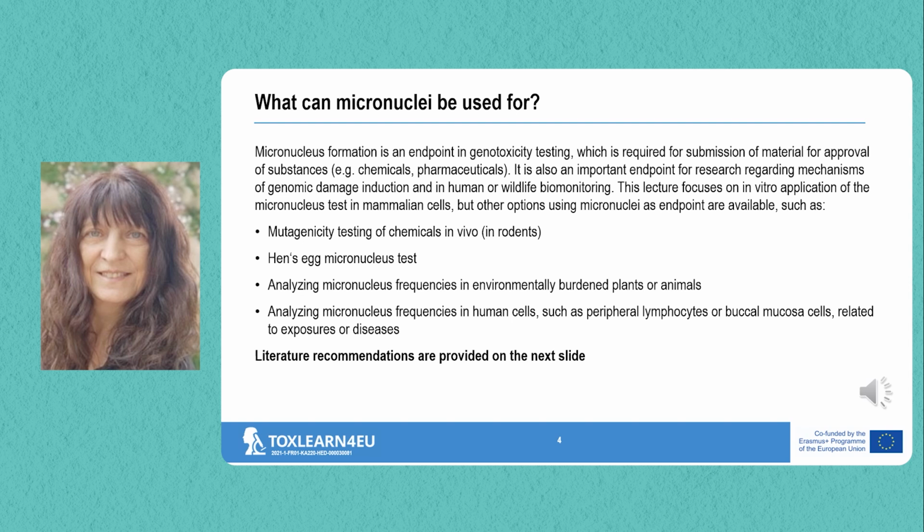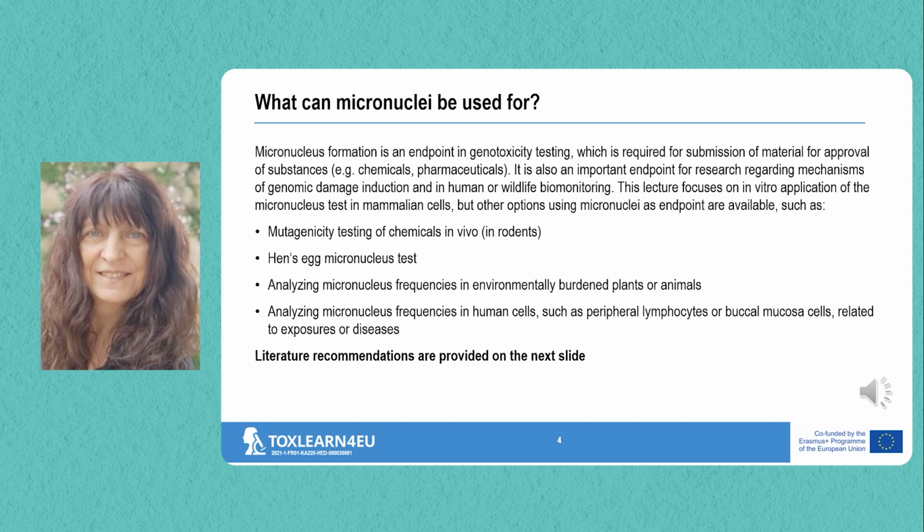This lecture focuses on in vitro application of the micronucleus test in mammalian cells, but other options using micronuclei as endpoint are available. For example, mutagenicity testing of chemicals in vivo can be performed with rodents, usually rats or mice. There's the hair micronucleus test. Micronucleus frequencies can be analyzed in environmentally burdened plants or animals.